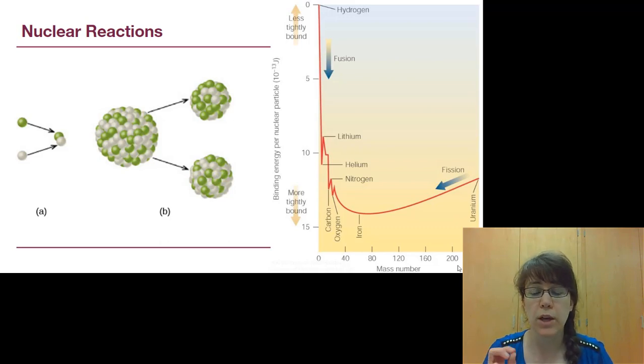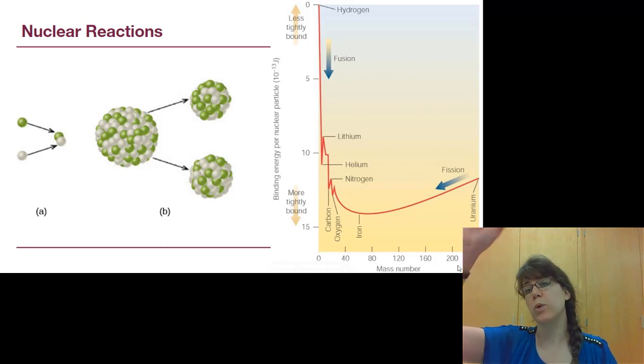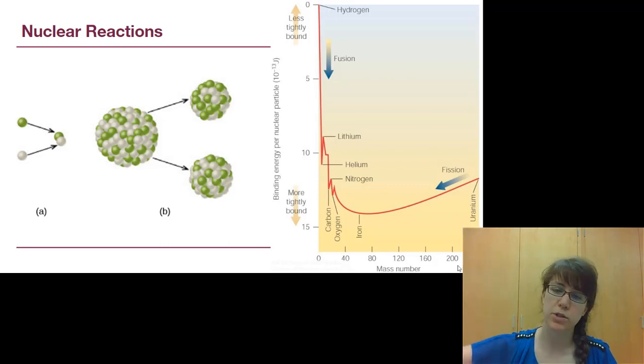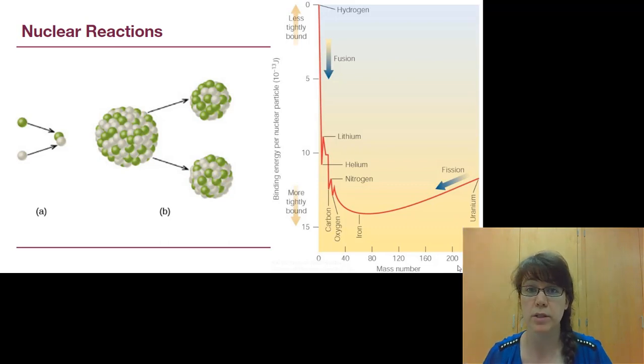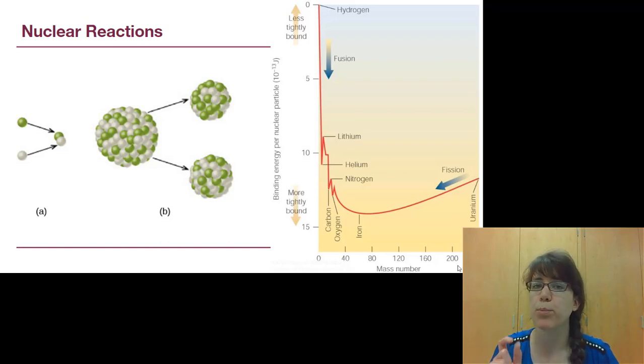Now, if we look, hydrogen is way up top, and so going from hydrogen to something bigger is going to give us a lot of energy. And uranium on the far right of our image, that's what we break apart to get energy, and that's going down the curve too. And if we look, iron is indicated right at the bottom of that curve. That is going to be something that is very important to our discussion of how high mass stars die.